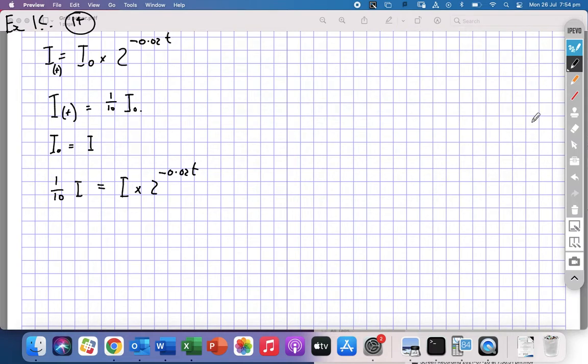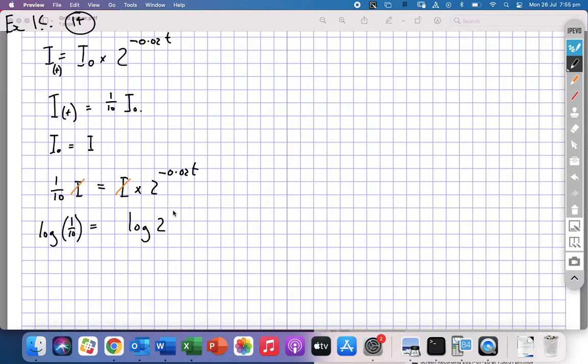We can start, these I's can cancel out because we know that they're just some particular number, like, I don't know, 5 amps or whatever it is. They're going to cancel out there. I need to unlock this power here using logs. So I'm going to say log both sides of this equation. I get log.